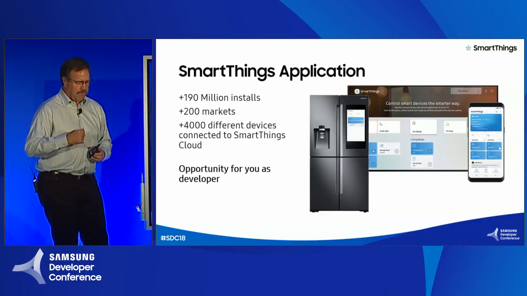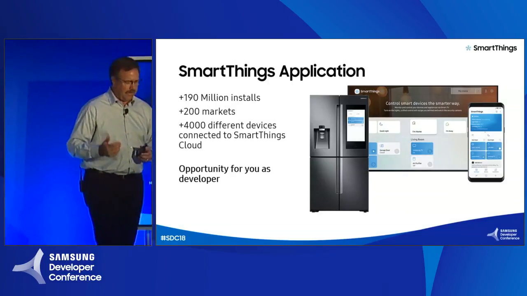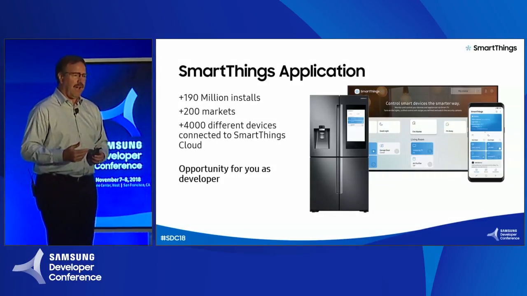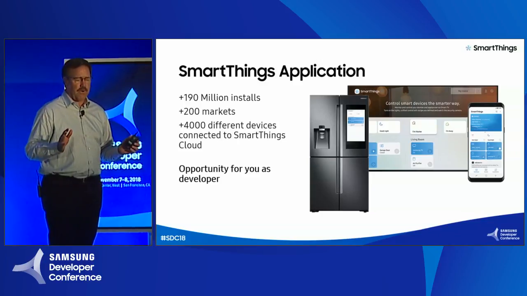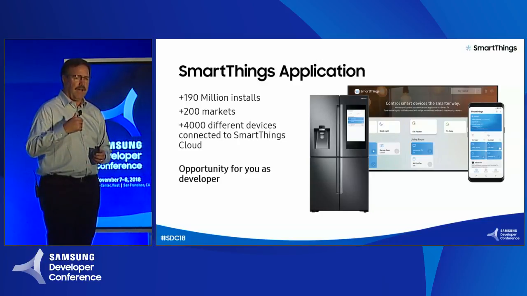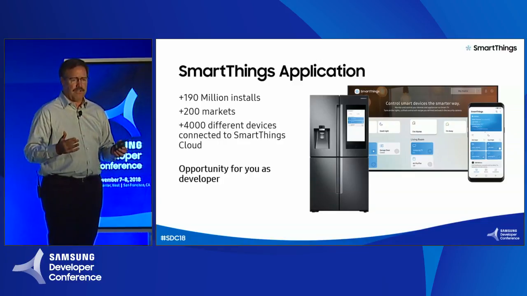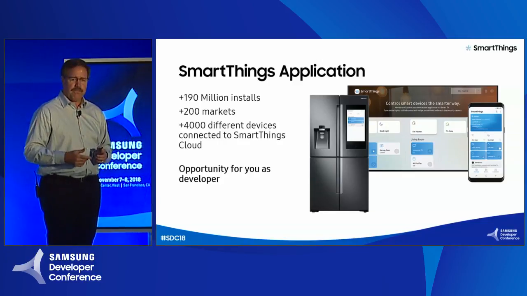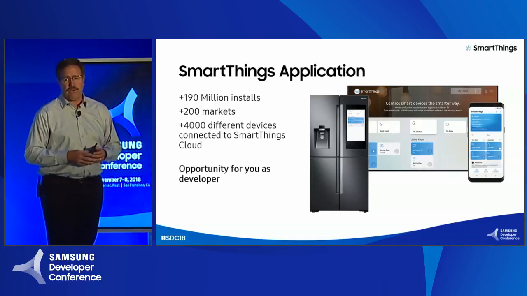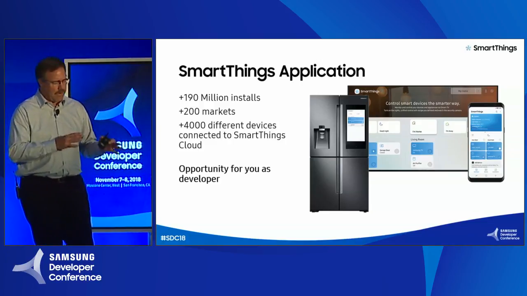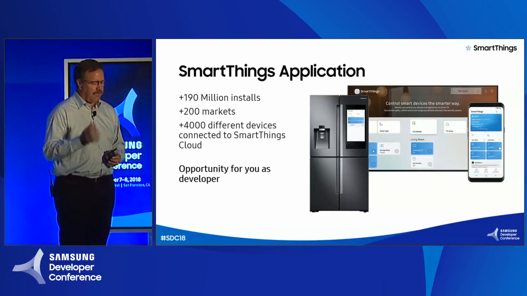And this can be a great opportunity for you as developers, because as of right now, the SmartThings application is installed on all Galaxy handsets that go out there now. It's also being recommended with any devices that you buy, televisions, appliances, as a way to set up those devices and configure them and use them. So we've got at this point about 190 million installs around the world in around 200 markets. So there's a lot of people already using SmartThings and have the device out there.